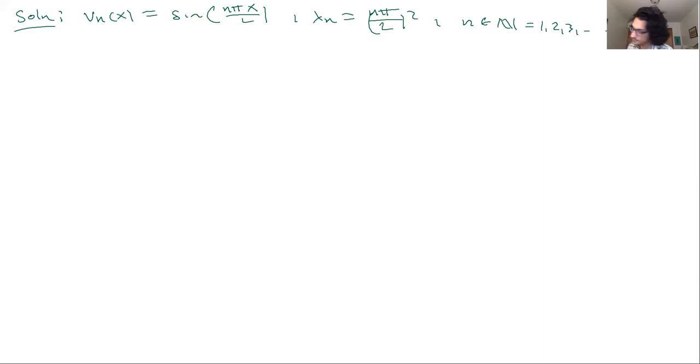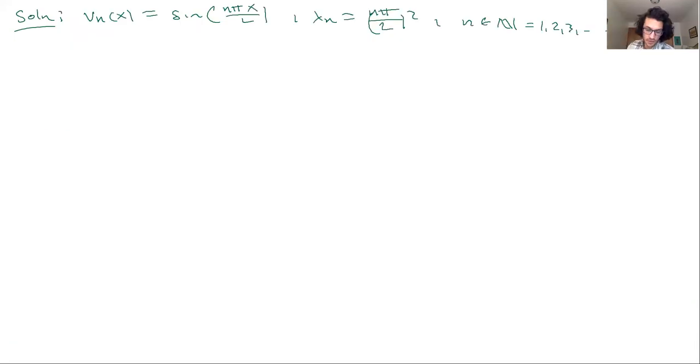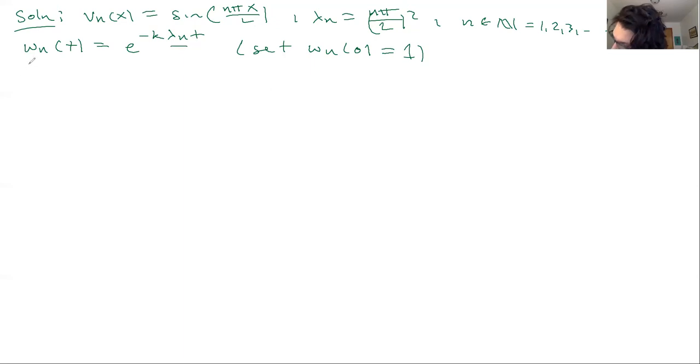Now, what about my time-dependent ODE? Well, that just has exponential solutions. Assuming for the time being I don't have any initial conditions, let's just set the prefactor constant equal to 1. For each particular value of n, I'm going to have a different Wn.